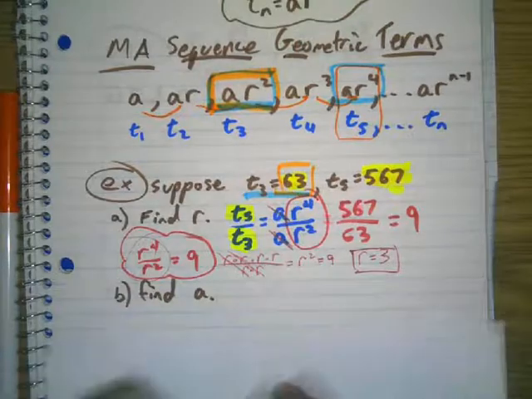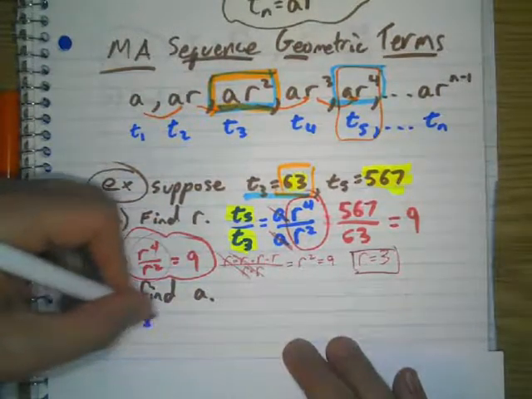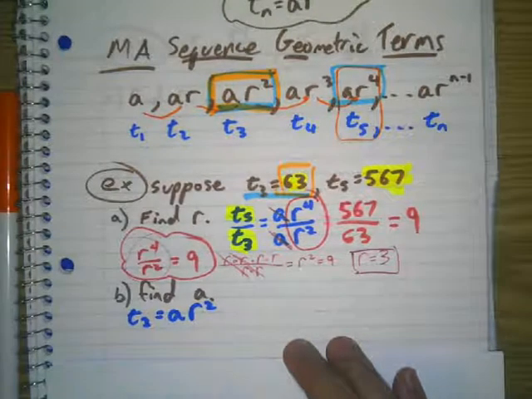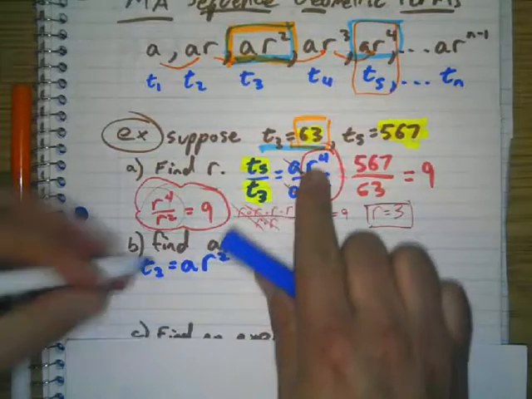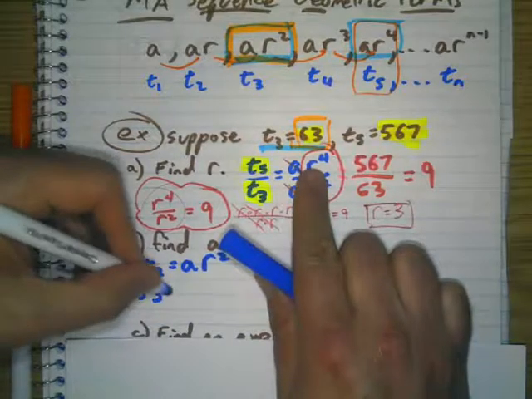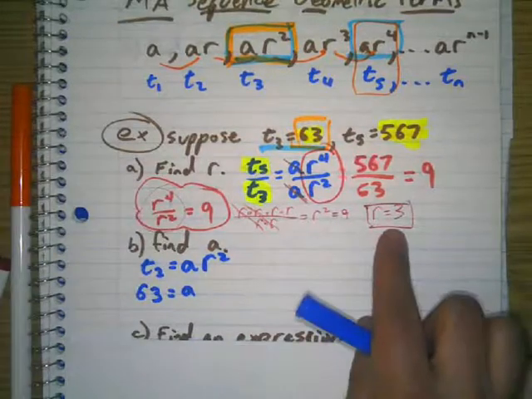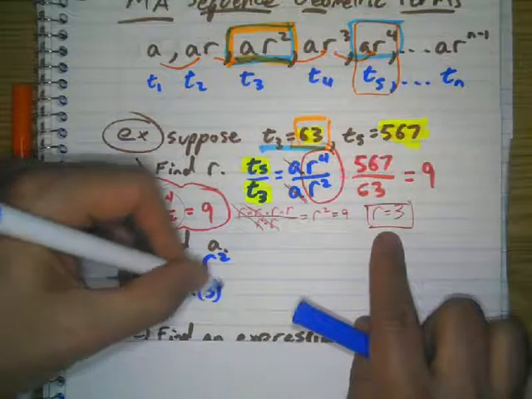I'm going to write that down. The third term is equal to a times r squared, right? And we know the third term is 63. And we've got a, and we know that r is 3, so we've got 3 squared, right?